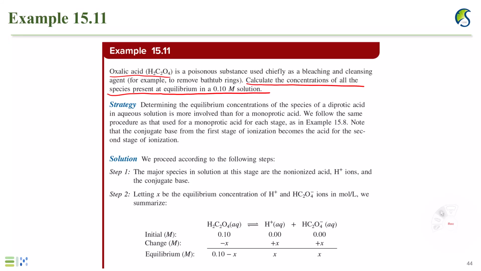What I mean by all the species is that if you dissolve this oxalic acid into solution, you will have H plus, and you also have HC2O4 minus, and you also have C2O4 2 minus, and you also have OH minus and H2O.